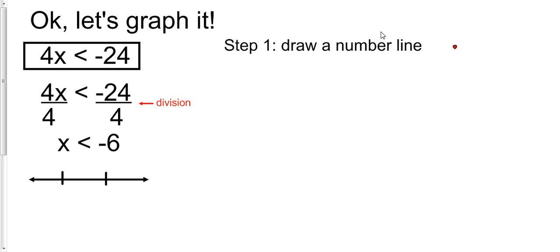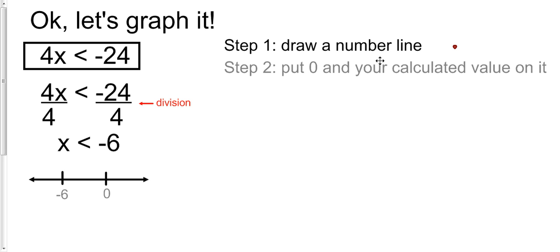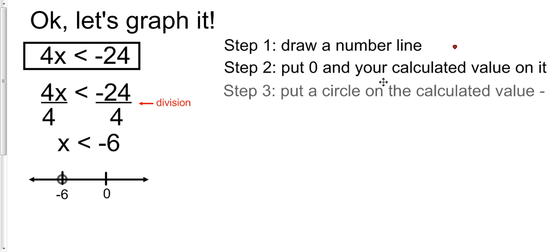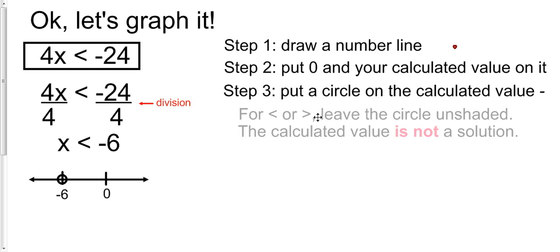Step 1, draw yourself a number line. Step 2, put 0 and your calculated value on the number line. So we're going to put 0 and negative 6 on this number line. Step 3, we're going to put a circle on the calculated value. For the symbols less than or greater than, we're going to leave that circle unshaded.